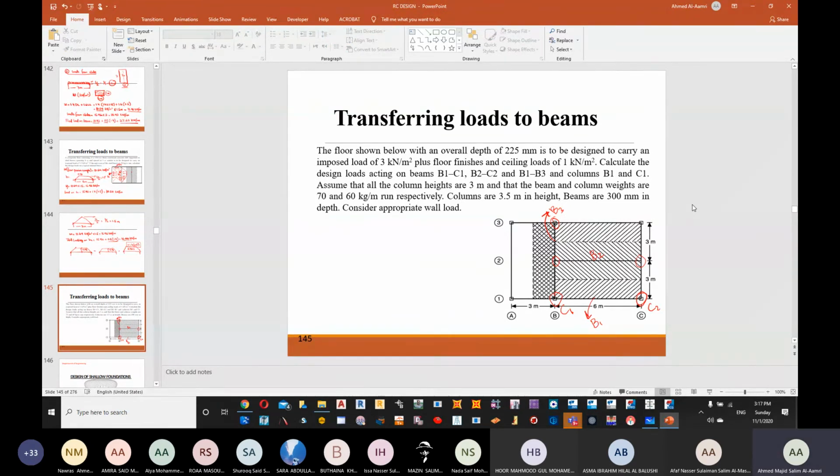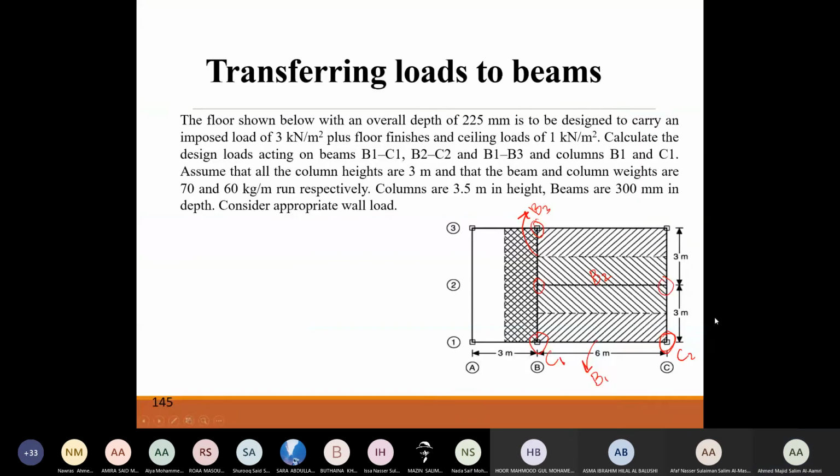Now how would you calculate the wall load? Most of you have already finished your project.